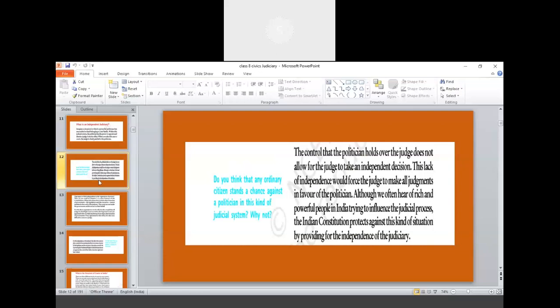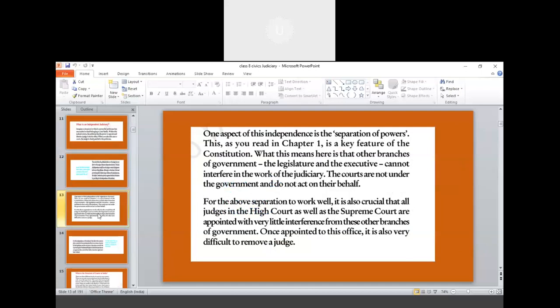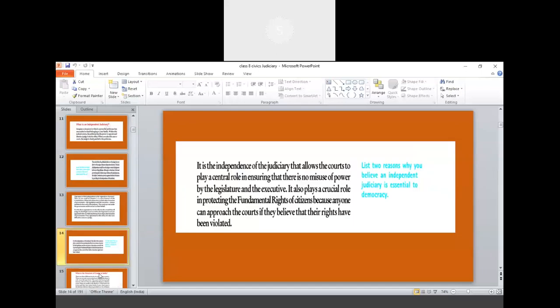There is no need for them to favor the government, and they won't come under the influence of any minister or the government. So they can take fair decisions purely on the basis of evidence.